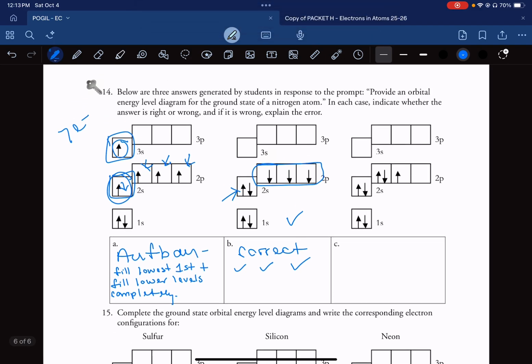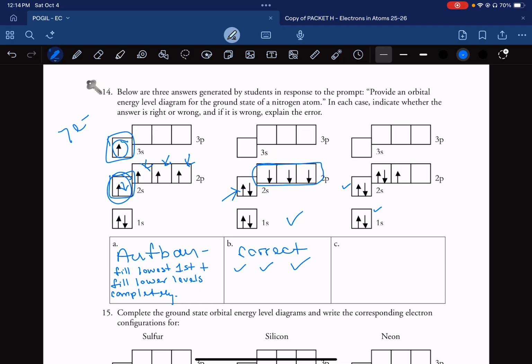It says electrons will pair up in an orbital only when all the orbitals in the same sublevel have one electron. And when single electrons occupy different orbitals of the same sublevel, they all must have the same spin.